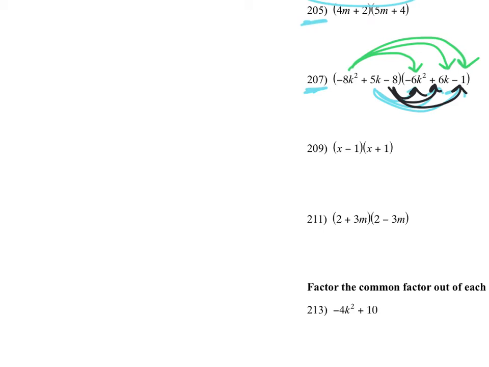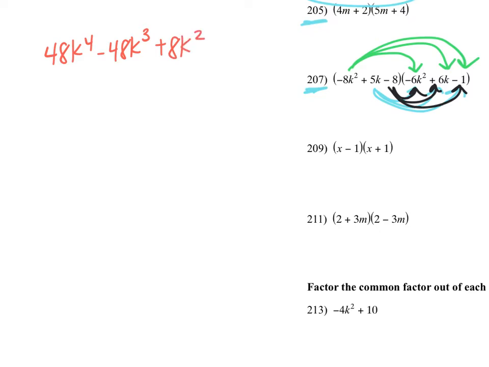So negative 8k squared times negative 6k squared is 48k to the fourth. And that times 6 is negative 48k cubed plus 8k squared.